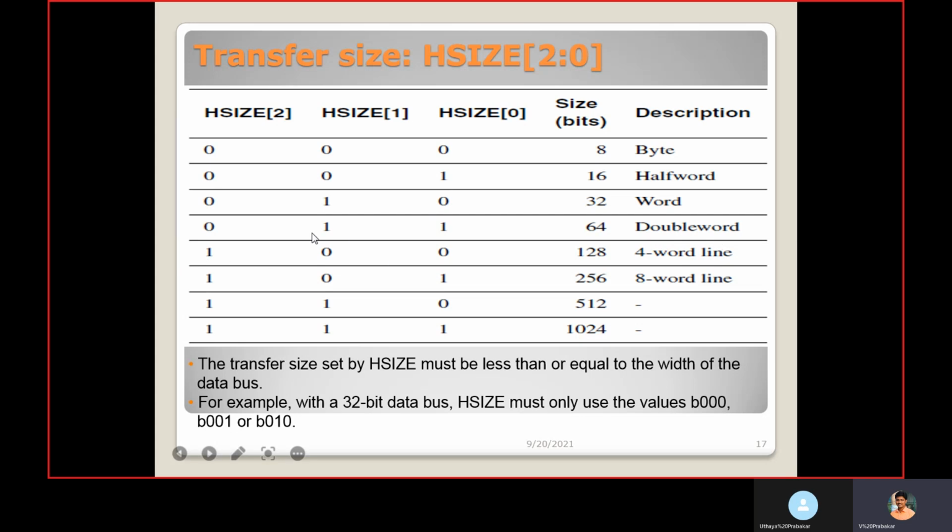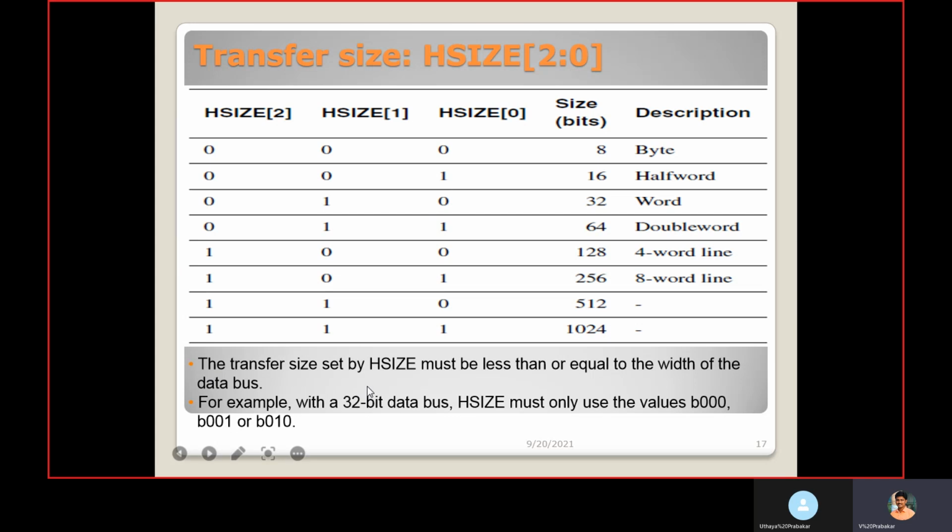When it is 4, 128; 5 is 256; 6 is 512; and 7 is 1024. This is the largest, so we can't use anything higher than this value. Fetch size should not be higher than 1024.